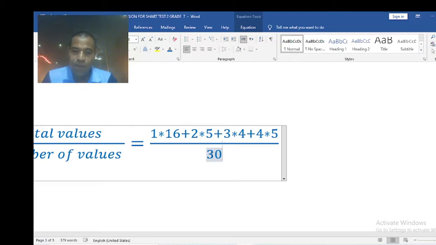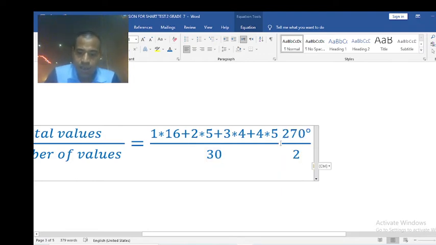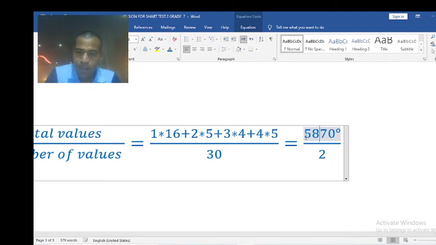So it will be 58, equal to 58 divided by 30, which gives us 1.93.